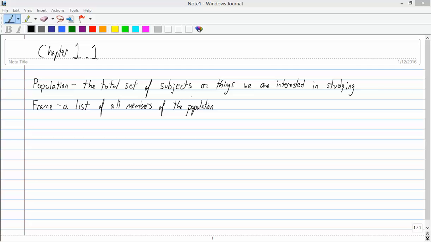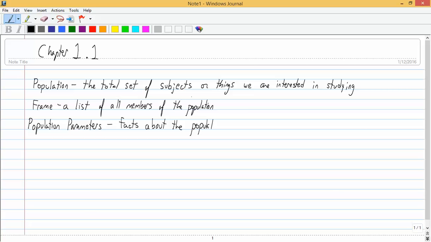All right, population parameters. Population parameters are facts about the population. Since parameters are descriptions of the population, a population can have many parameters.